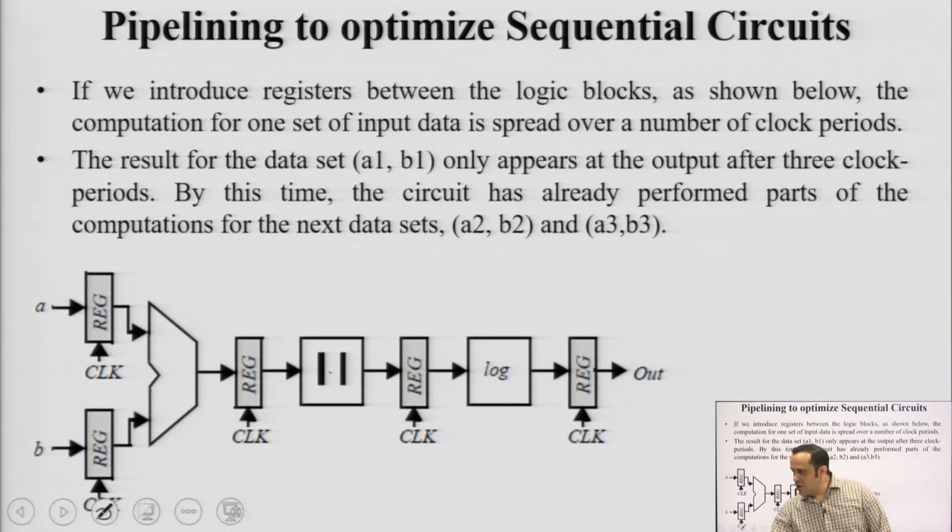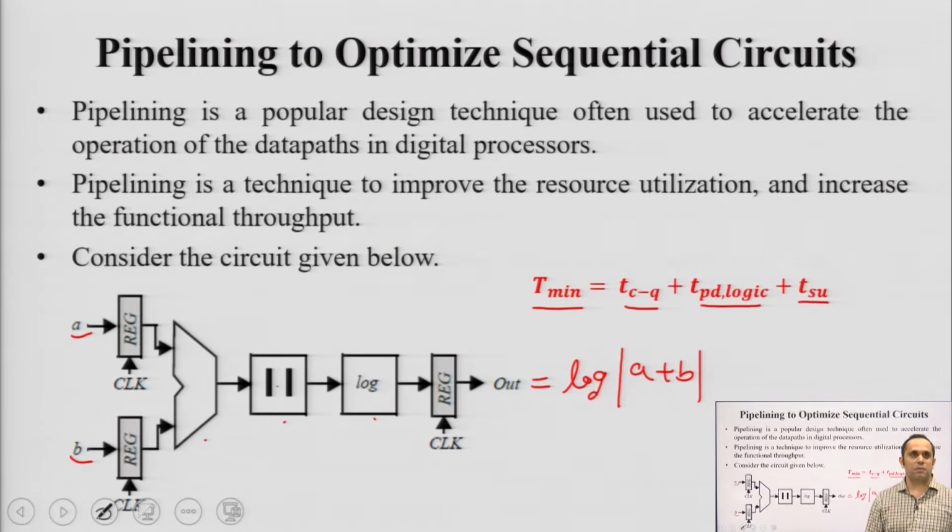We have another way of implementing. What if we introduce registers between the logic blocks? Now, what was the problem in the previous stage? When the clock triggers and A reaches the initial combinational block of the adder, there are three different stages, and each one is active only for 1/3 of the clock period.